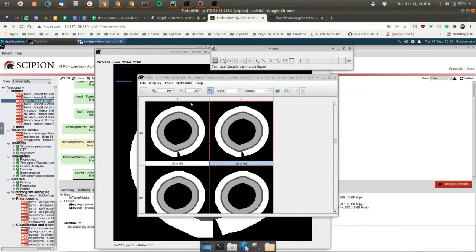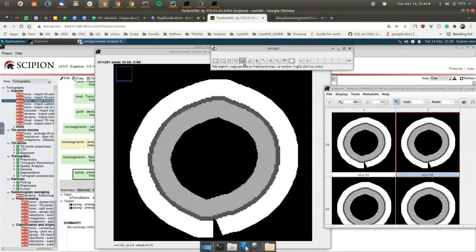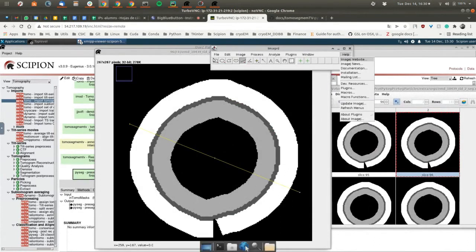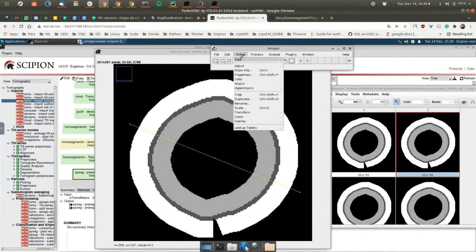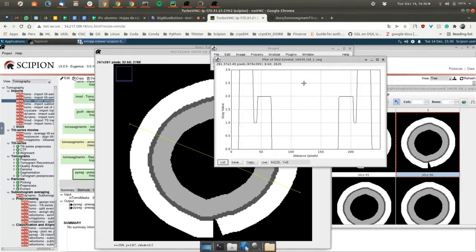For this, you can trace one profile like this, and you can plot the profile here, and you can get the profile of this. This is just to show.